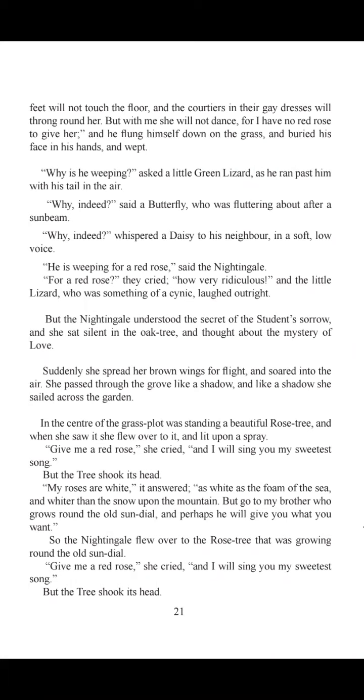So the plot is starting with the inception of a conflict: how to win the love of the girl. The plot starts with the revelation that the girl has demanded a red rose, but red roses are not to be seen in that particular environment. So the student, the lover, is now highly worried. To remove this worry, the nightingale interferes and tries to bring a new light to this conflict.